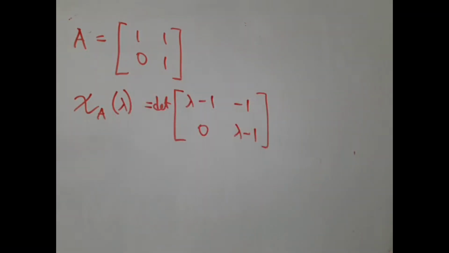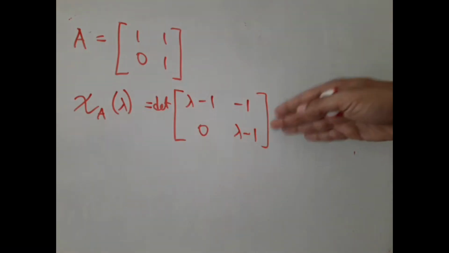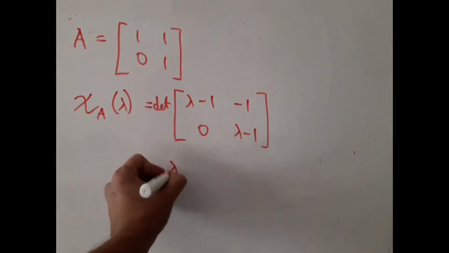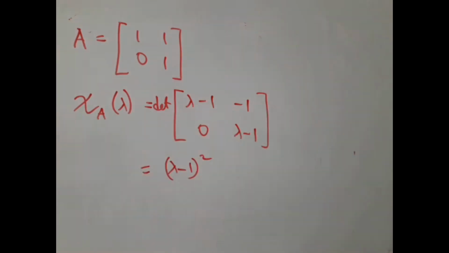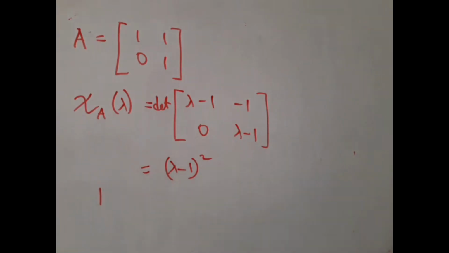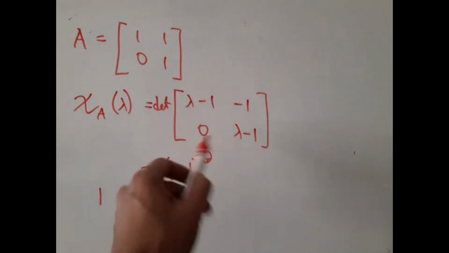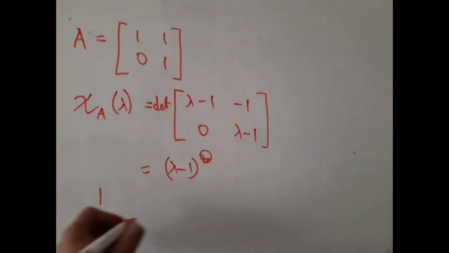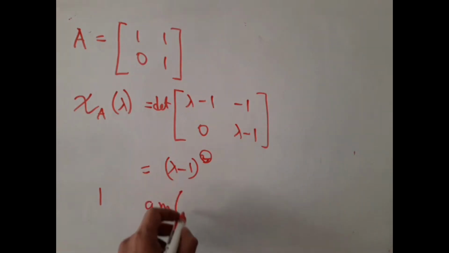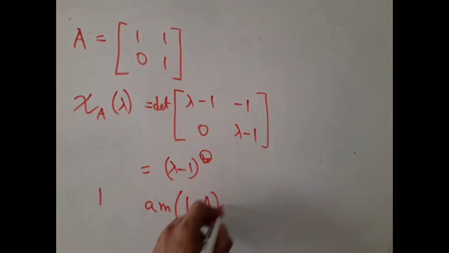Since it is a nice triangular matrix, the determinant is the product of the diagonal entries, so it is simply (lambda minus 1) whole squared. When you set that equal to 0, you immediately see that 1 is the only eigenvalue, and it occurs with algebraic multiplicity 2. So we write the algebraic multiplicity of 1 for A is equal to 2.